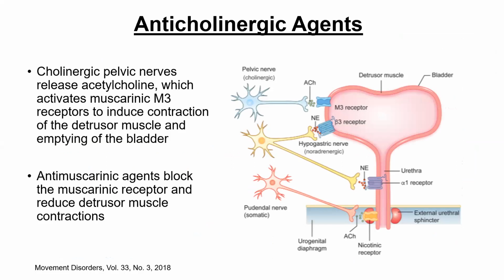When acetylcholine is released, it activates the muscarinic M3 receptor to cause contraction of the detrusor muscle, and basically increases the sense of urgency, the feeling of urination. So you can treat that if you block the muscarinic receptor from being activated by acetylcholine. You can cause relaxation of the smooth detrusor muscle and also decrease urgency for urination. So that's how these drugs work.